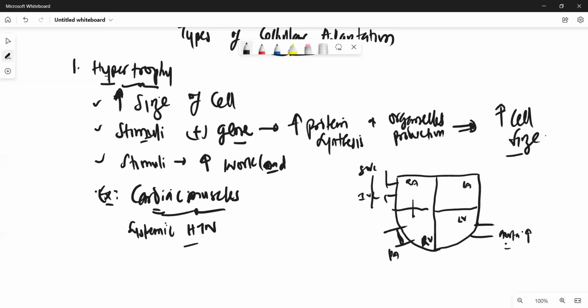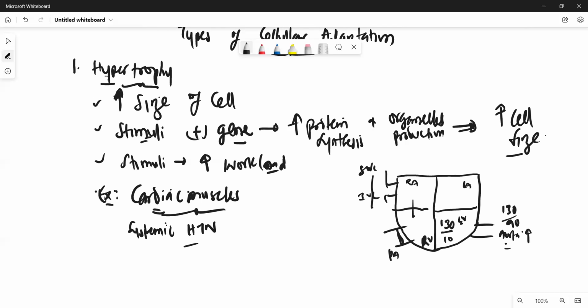Normally in the left ventricle, the pressure is usually 130 over 10. That means in systole it is 130, and in diastole it is 10. And in the aorta, usually something like 130 over 90.